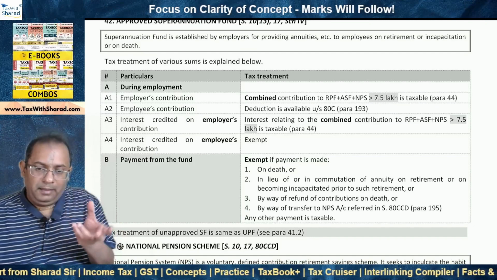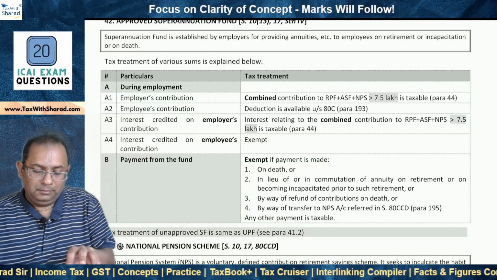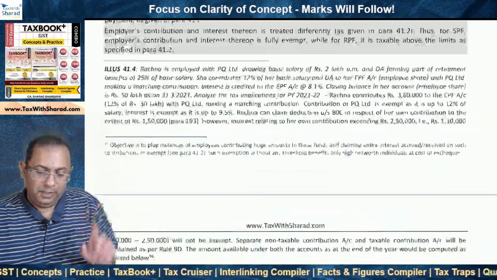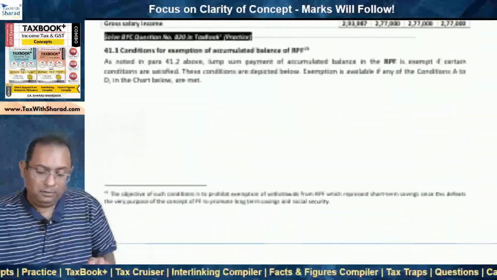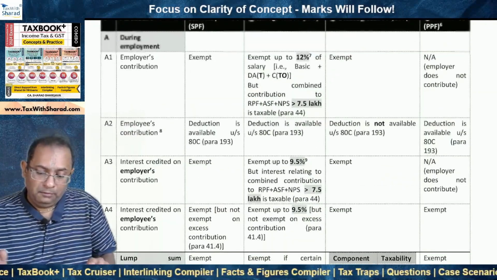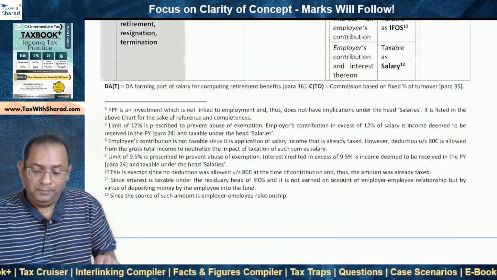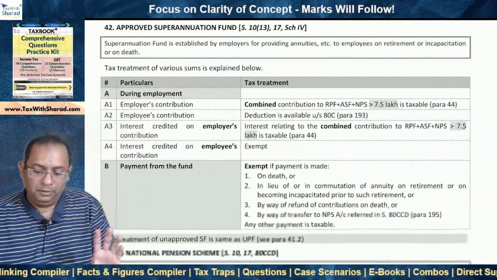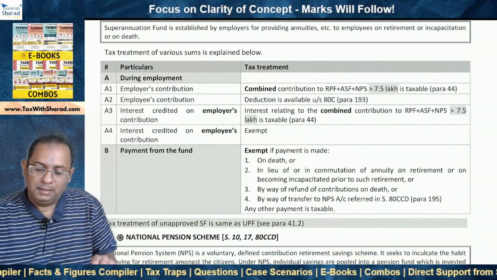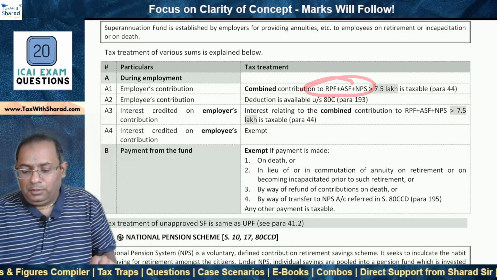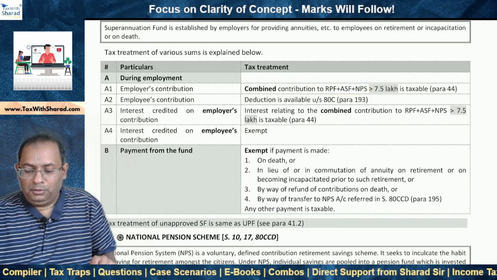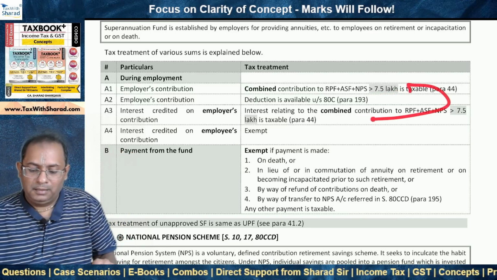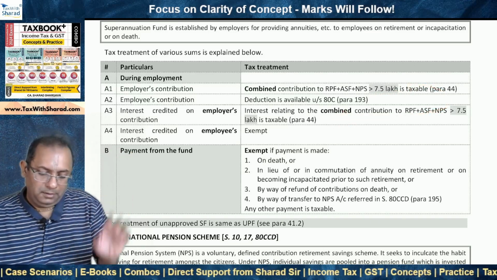Now there is no independent limit as such for taxability of employee's contribution to ASF, approved superannuation fund. Just as for RPF, for employee's contribution there was an independent limit, which was 12% of salary, right? For ASF there is no independent limit in terms of percentage or in terms of an absolute amount per se, but the only limit is that this combined contribution RPF, ASF, and NPS should not be more than 7.5 lakh. If it is more, then the excess will become taxable and interest thereon will also become taxable.